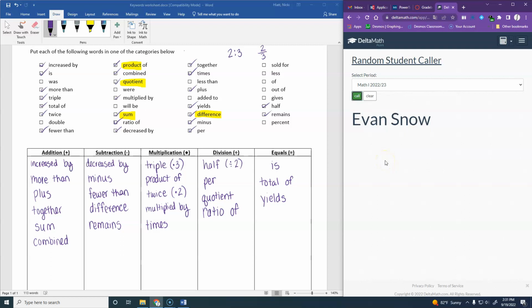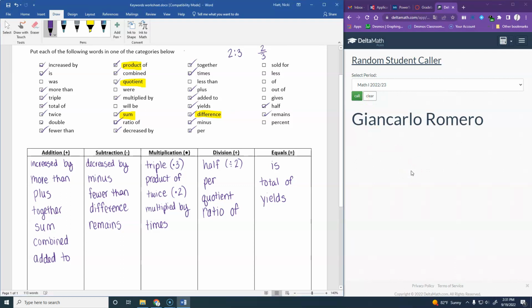Yeah, we're getting down to where it's. Okay, good. Added to is addition. All right, Giancarlo. Very good. Double is multiplication. Specifically, what are we multiplying by there? 2. All right.